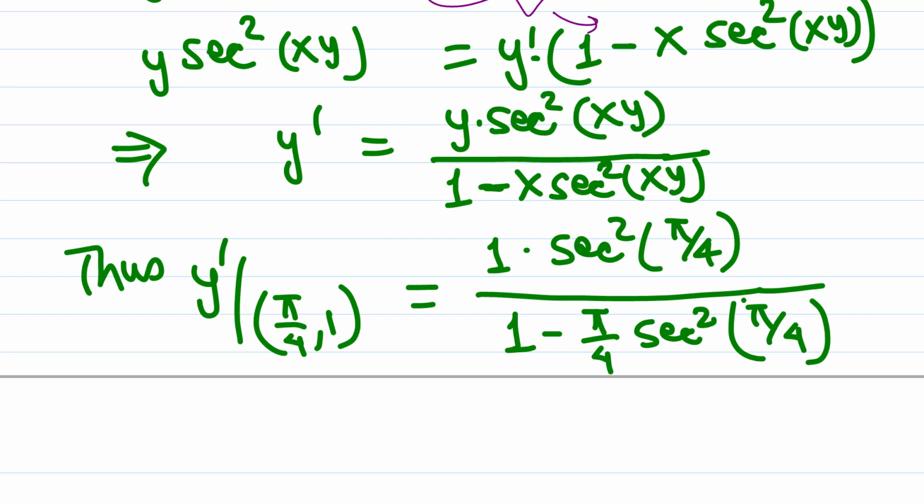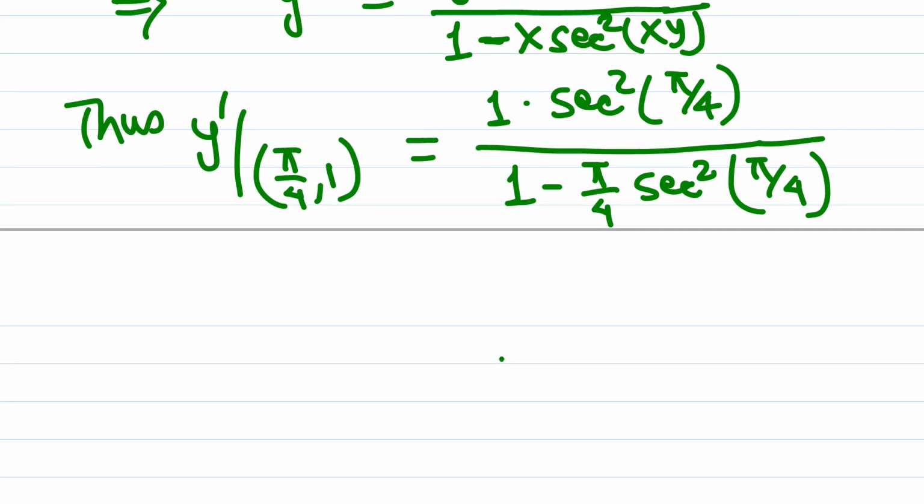Now we need to recall the unit circle to determine the value of secant square pi over 4.